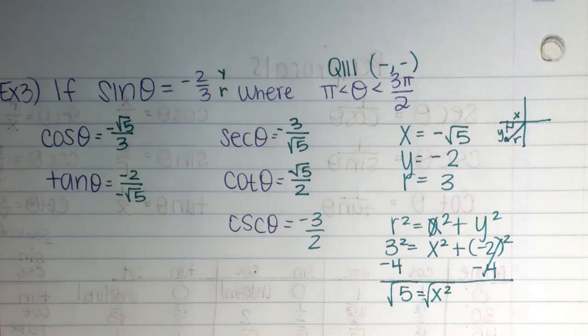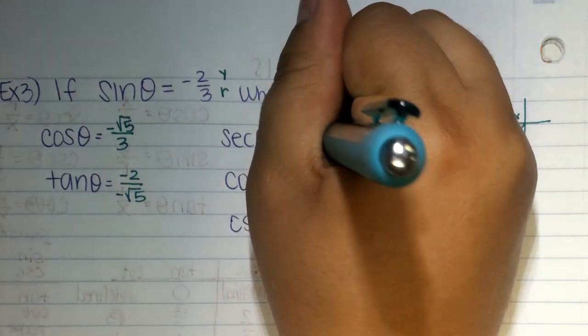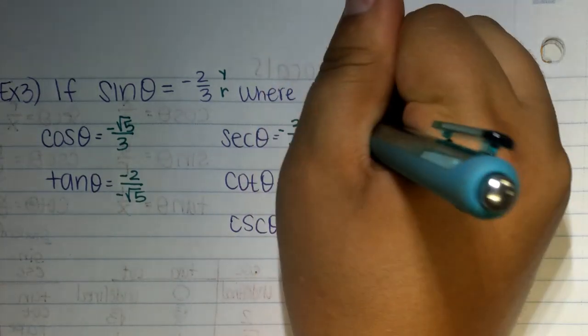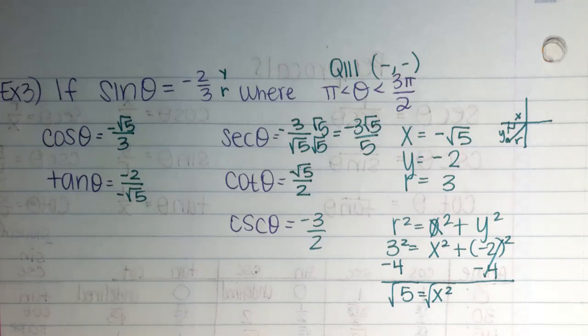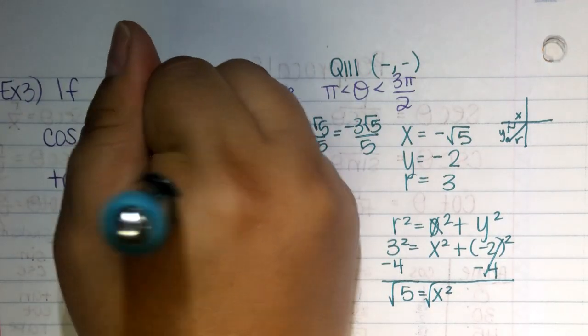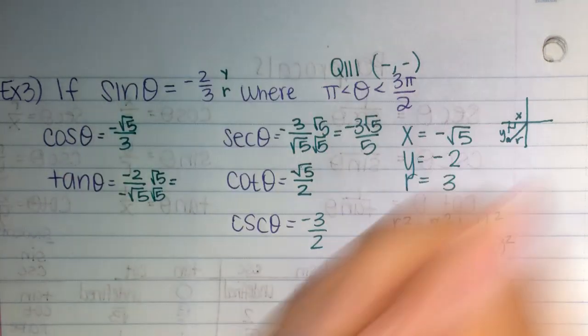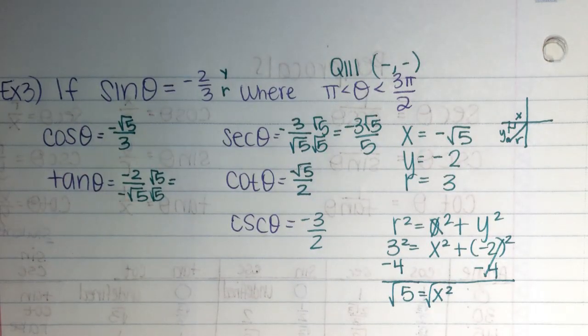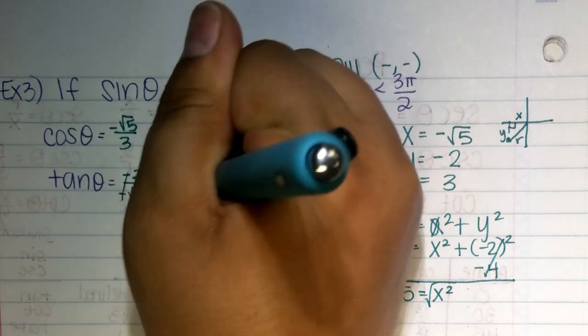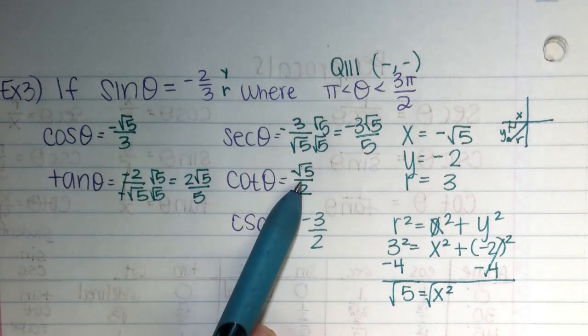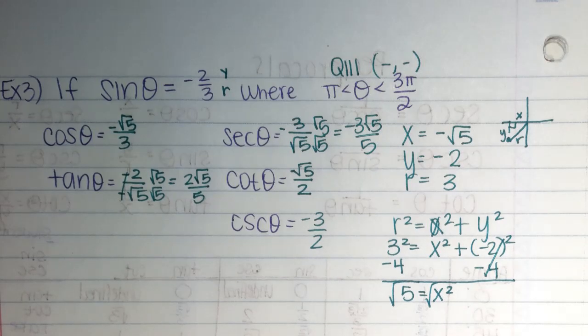No, you shouldn't have. Why not? You have to rationalize on secant, so you should have gotten negative 3 square roots of 5 over 5. And you need to rationalize on tangent. But you should not get a negative. Why? Because they're both negative. So you should get positive 2 square roots of 5 over 5. And that's why cotangent is positive. What questions do I have?